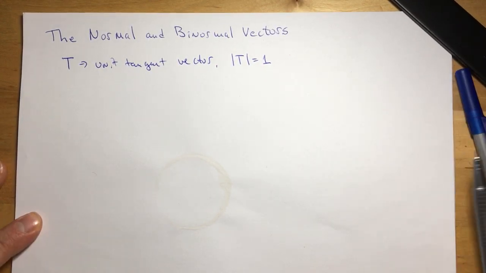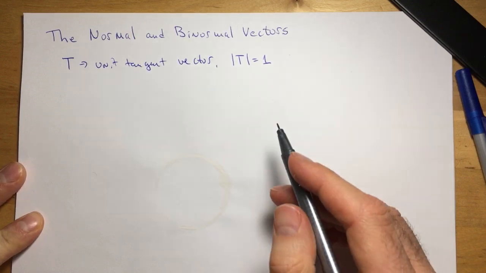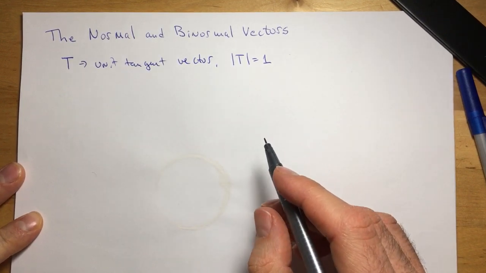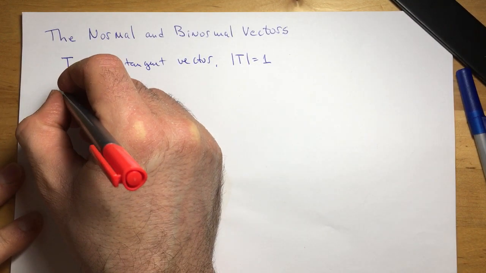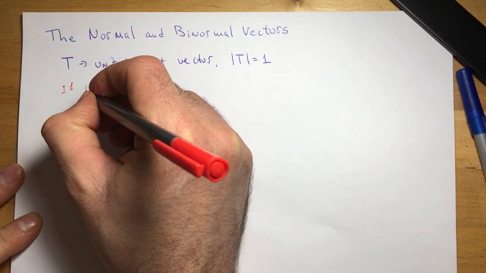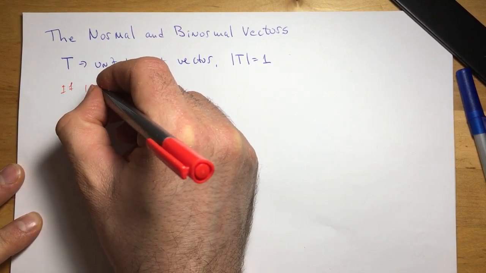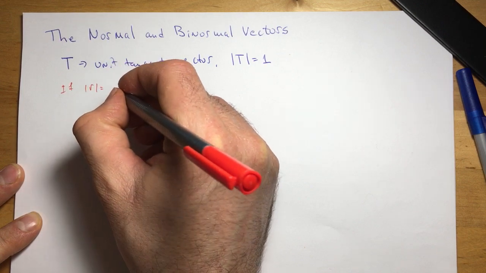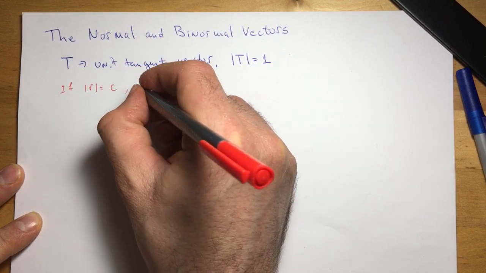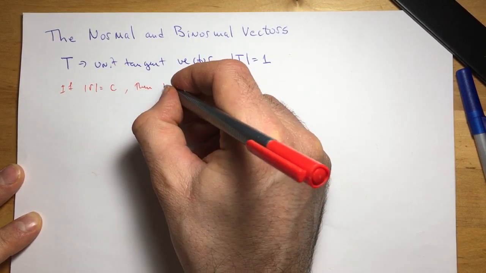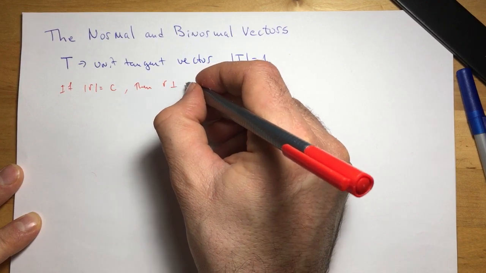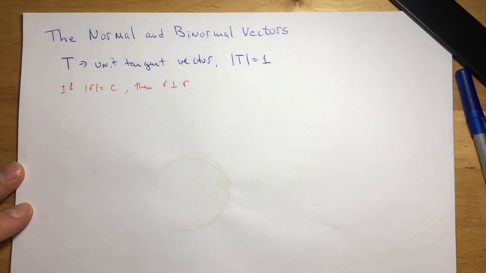Now let us recall something that we learned in section 13.2, if I'm not mistaken. It said that if the length of a vector function is a constant, then that vector function is orthogonal to its derivative, okay?